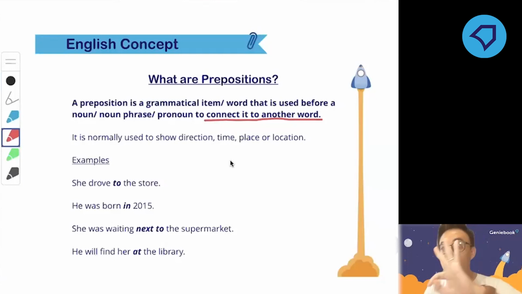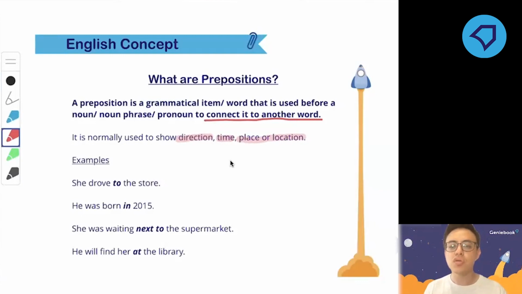It's used to show three things. Number one, prepositions tell us the direction of something. Number two, the time of something. And lastly, the place and location of an action or something.